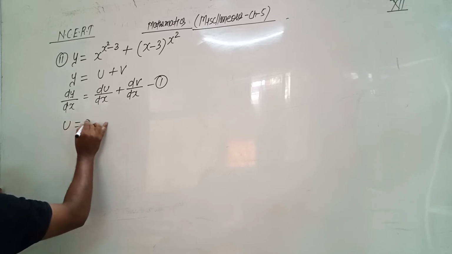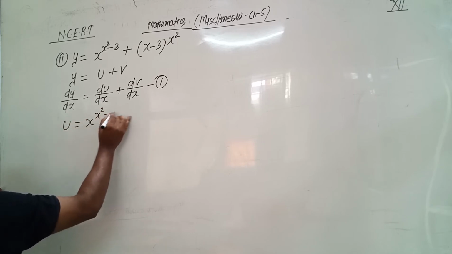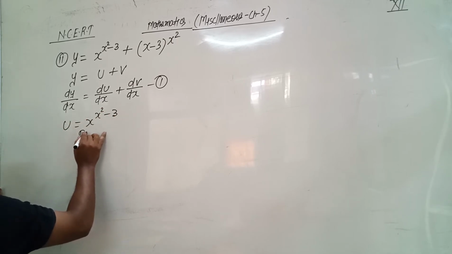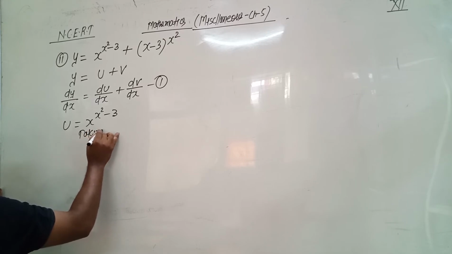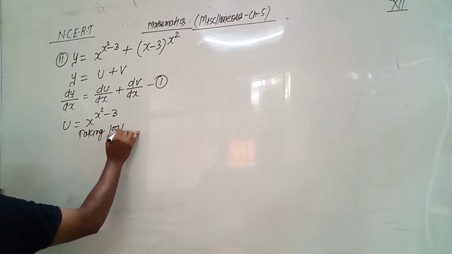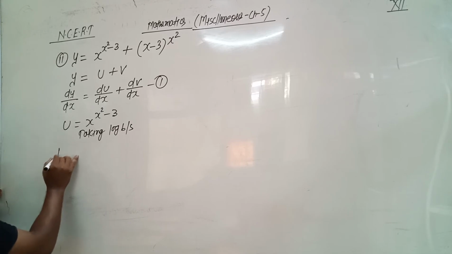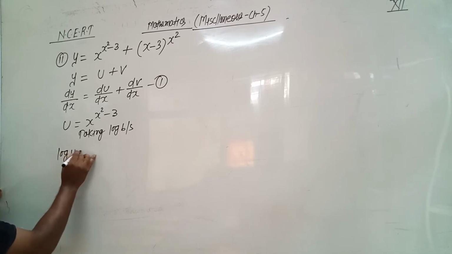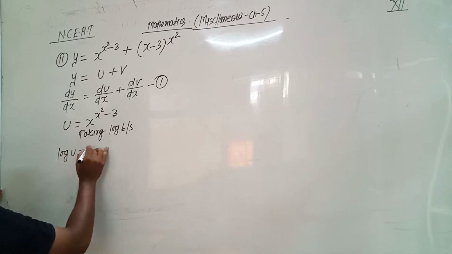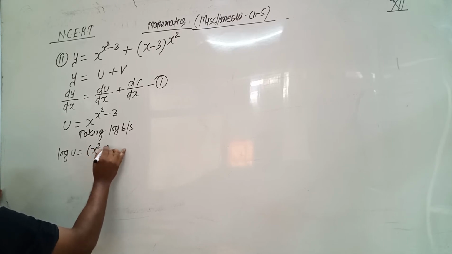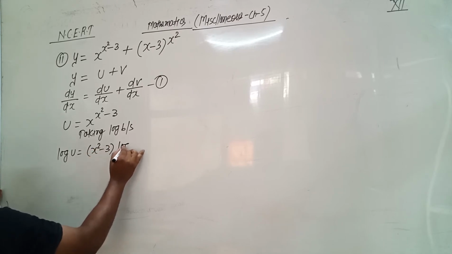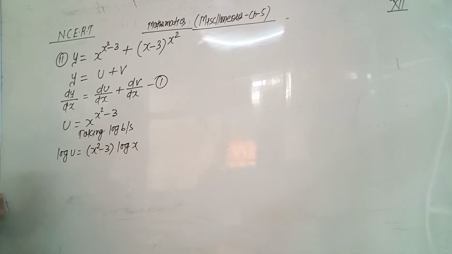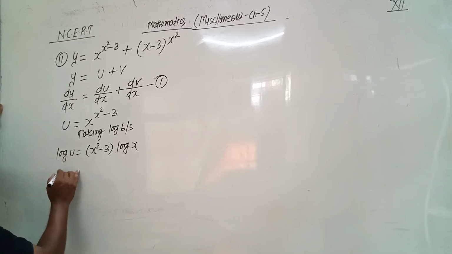And u equals x raised to the power x square minus 3. Taking log both sides, we get log u equals, power will come in the beginning, x square minus 3 into log x. This will be differentiated in the form u into v.